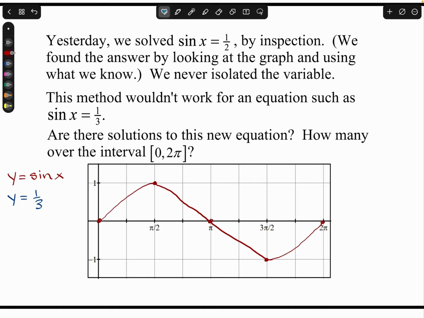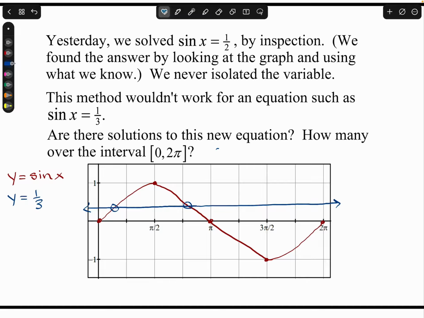Now, if we go ahead and graph y equals 1/3, we'll just estimate here. It probably is about right here. It's just a horizontal line that's running through here. We can see that there are going to be two solutions over this interval from 0 to 2 pi.